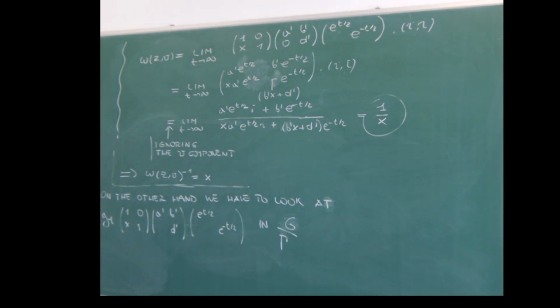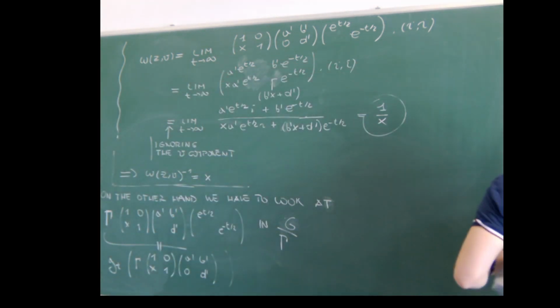Okay, so this is also equal to g_t gamma, 1, 0, x, 1, a prime, b prime, 0, b prime. Okay? Good. So let's look at this orbit.